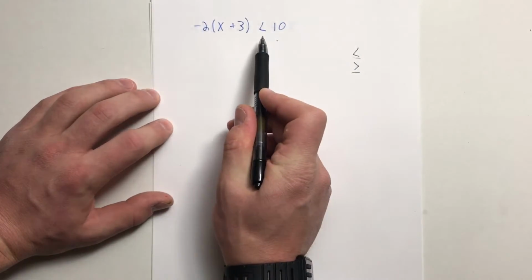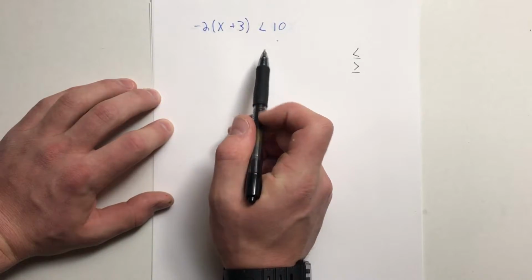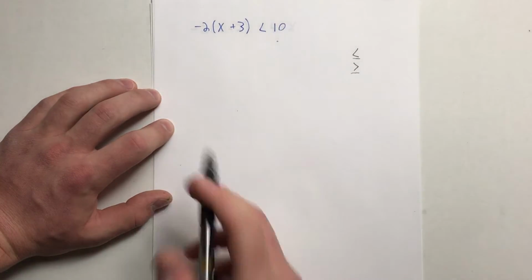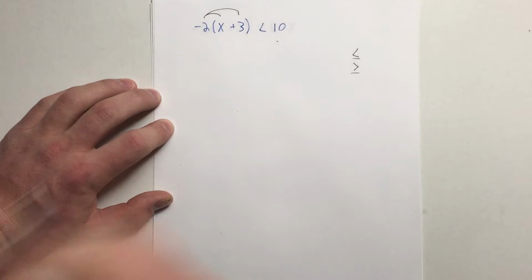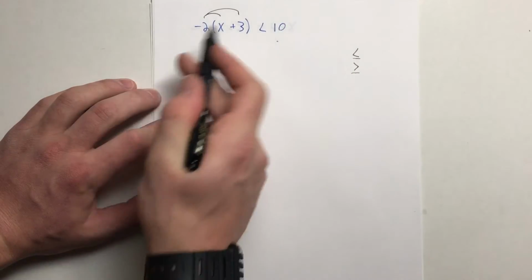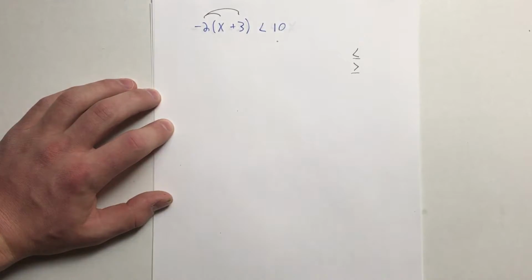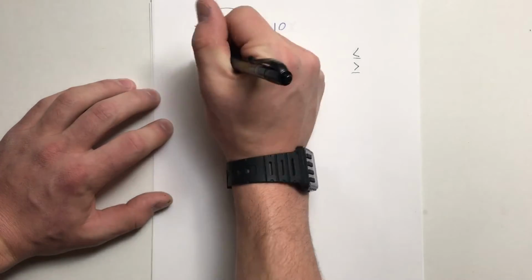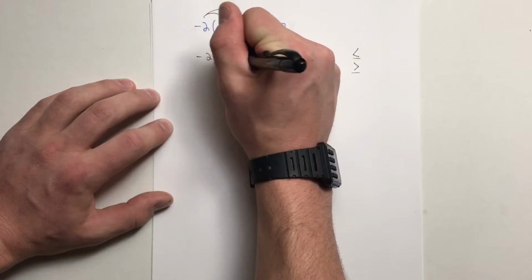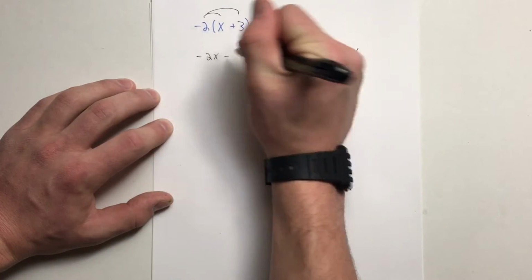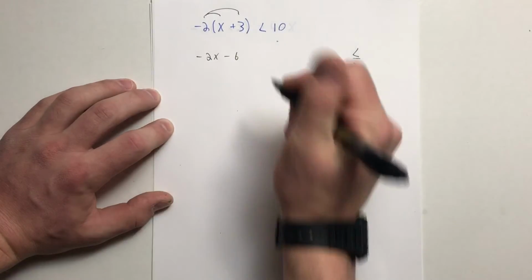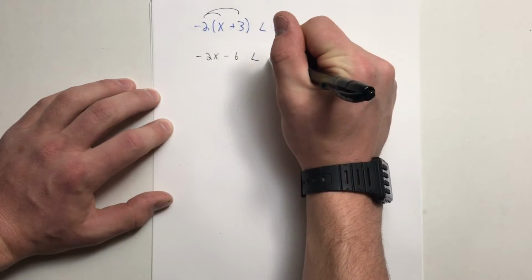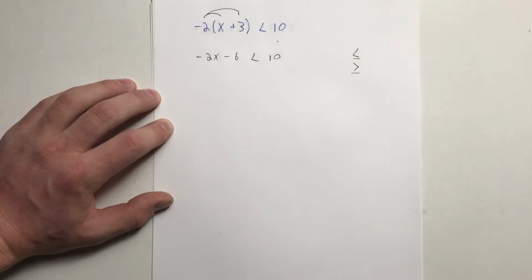So if I'm just treating this like an equal sign, and I want to solve for x, the first thing I want to do is bring that negative 2 into the parentheses, so we can break up these parentheses and then begin to move things around. So this is going to be negative 2x minus 6, right? So we distributed that. And then all of this has to be less than or equal to 10.